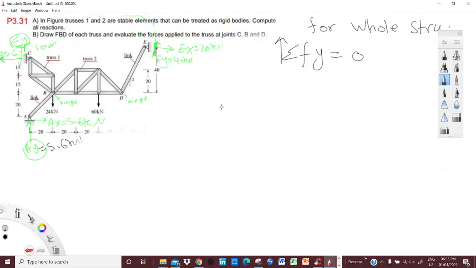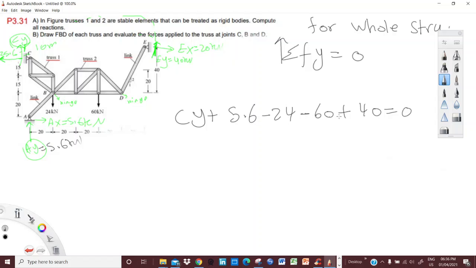So we have upward force of Cy, it's going upward. Then we have plus 5.6 kilonewton upward. We have minus 24 kilonewton downward. We have also minus 60 kilonewton downward, and we have upward force of 40 kilonewton, which is upward, equal to 0. So how many vertical forces do we have? 1, 2, 3, 4, 5.